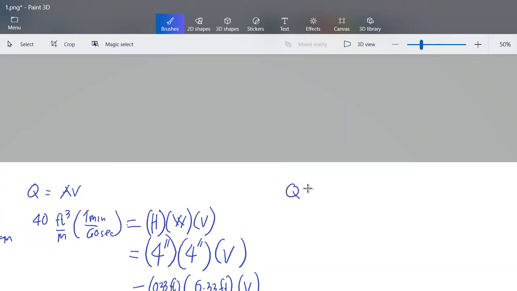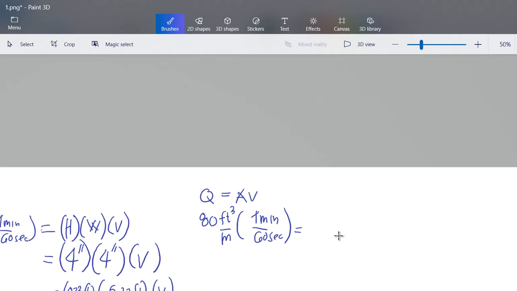Again, continuity equation: you have your area times your velocity. So we have 80 cubic feet per minute, then 1 minute, again conversion, which is 60 seconds. Then we have the height times the width times your velocity.